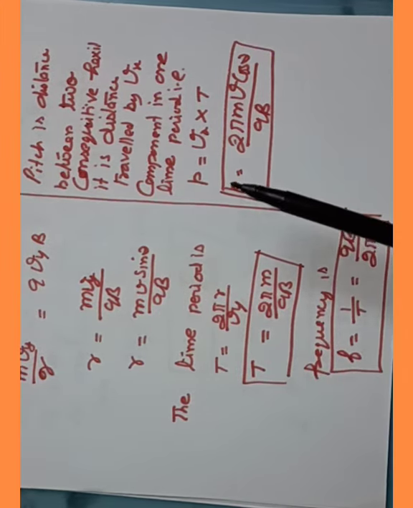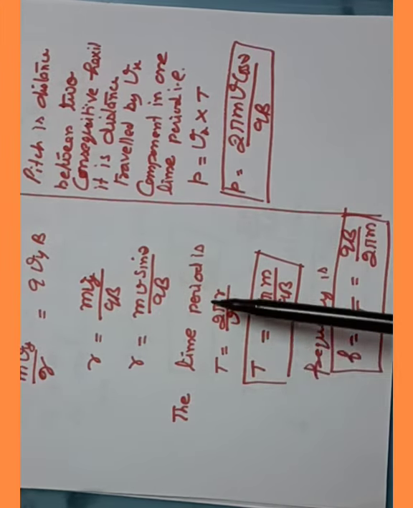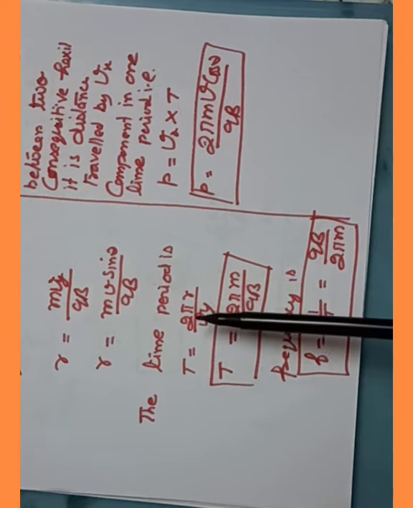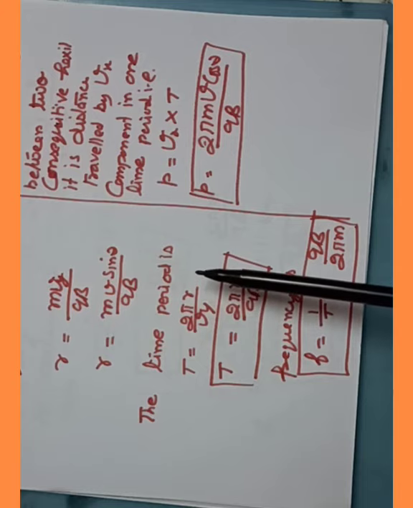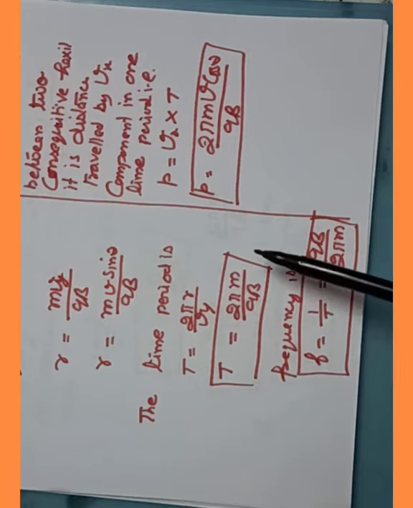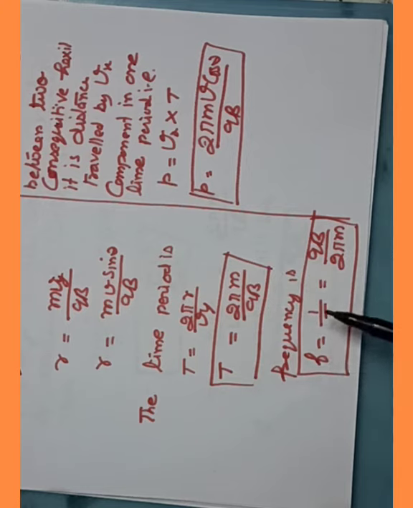And the time period is T equal to distance traveled upon speed. Distance is the circular loop circumference upon the velocity component, and that becomes 2 pi m upon qB, whereas the frequency is f equal to 1 upon T, that is equal to qB upon 2 pi m.